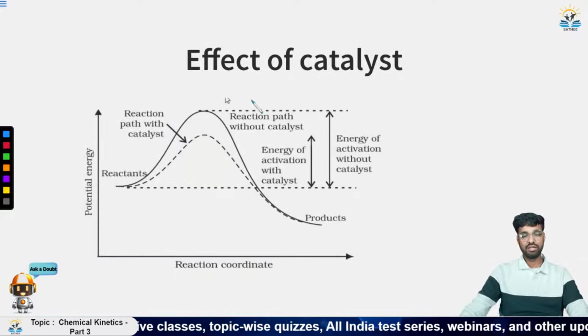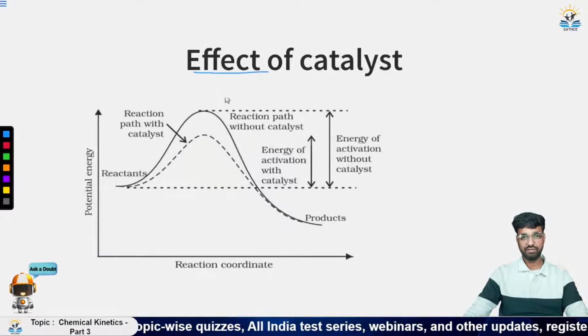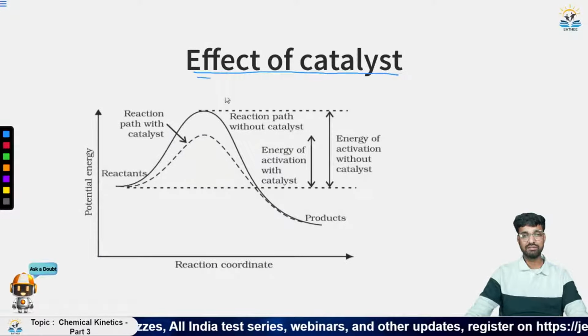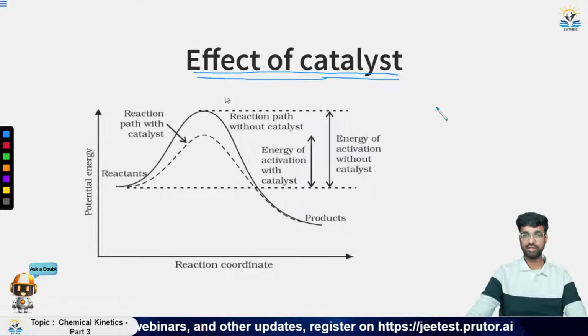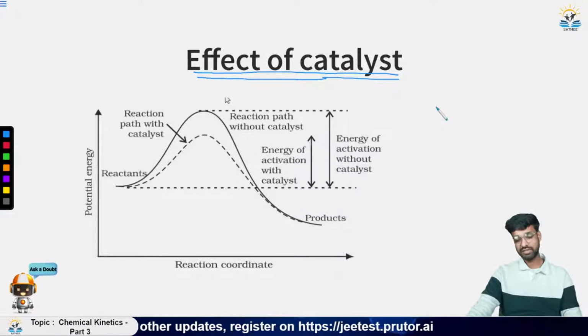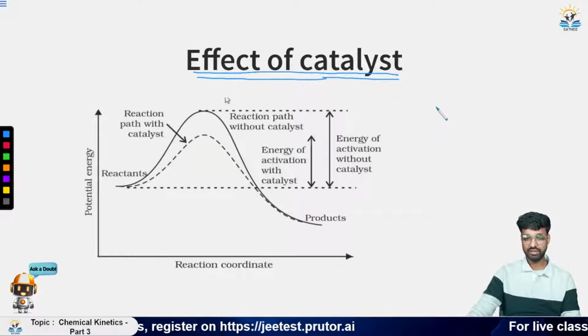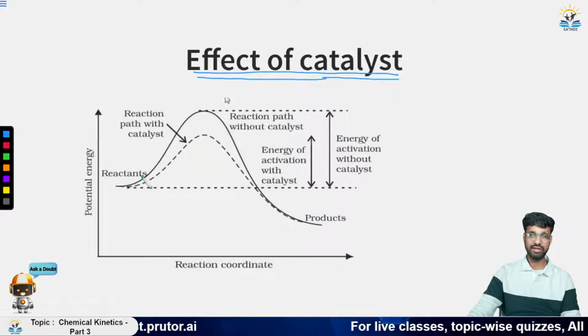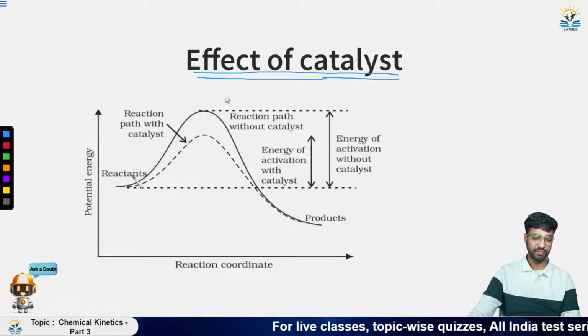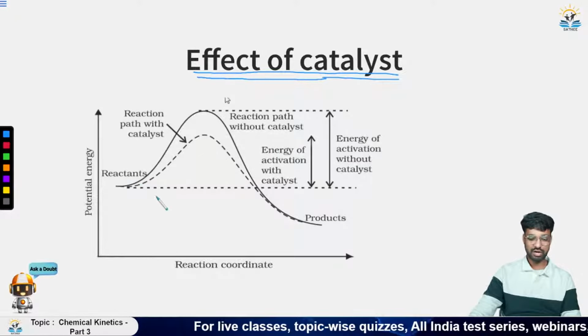Now let us move to the effect of catalyst. This is a very confusing thing for most students, that why catalysts do not change the rate of reaction, I mean the rate constant and all. So this is the answer: it is hidden in its energy profile diagram only. Say we have two kinds of curve.